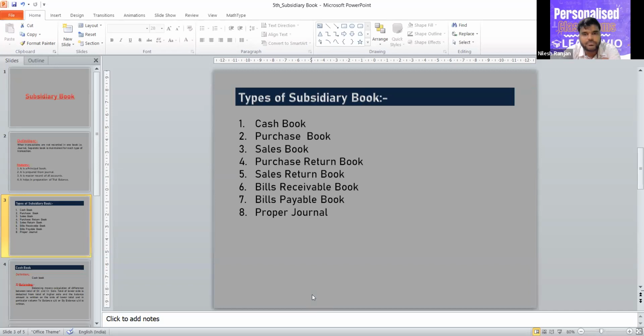So only returns which are related to credit purchase are recorded in the purchase return book. Is there any doubt? No, sir. The next book is the sales return book.